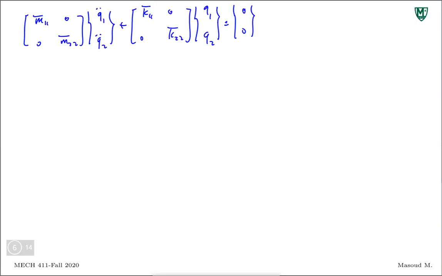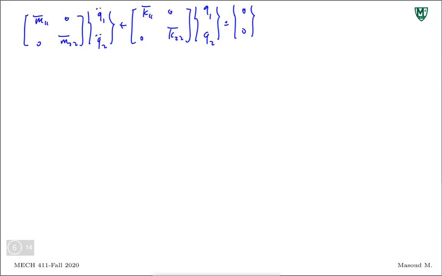Now keep in mind, you are going from physical domain to modal domain. Now you're given some initial conditions in physical domain, so you have to transform those initial conditions also from physical domain to modal domain. Now how to do it? Well, you can do it using a modal matrix, but there's a step that you have to do before that.